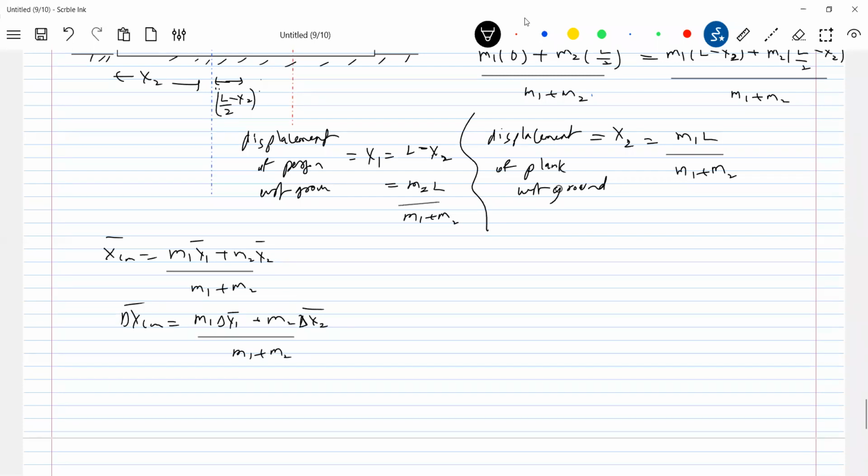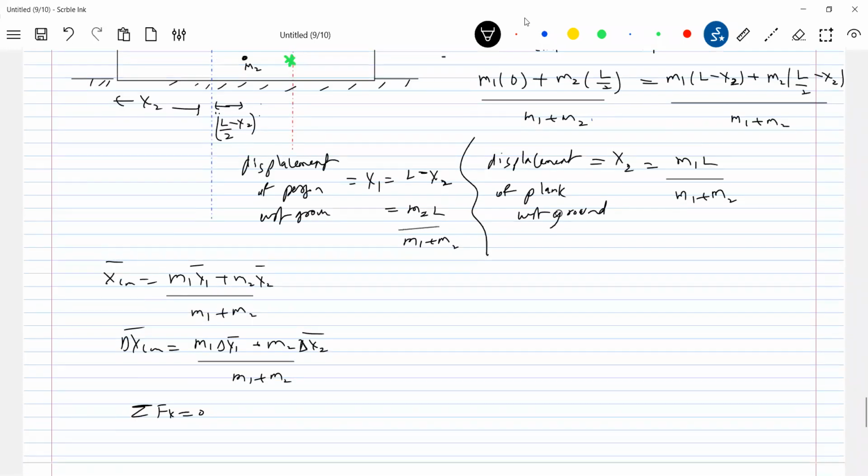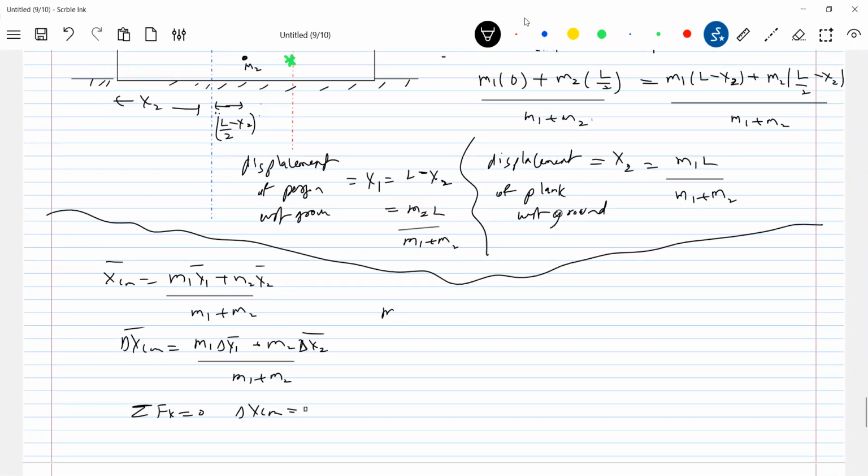As net axial force acting on the system is 0, delta XCM is 0. So therefore finally m1 delta x1 plus m2 delta x2 equal to 0.